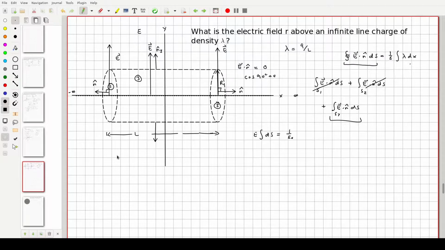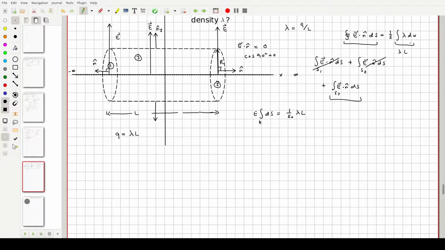So, charge, looking at this equation right here, is the charge density times however long this is, lambda times L. So, this right here is lambda times L. Now, what about the surface of this barrel? Again, the end caps don't contribute. It's just the barrel of the cylinder.